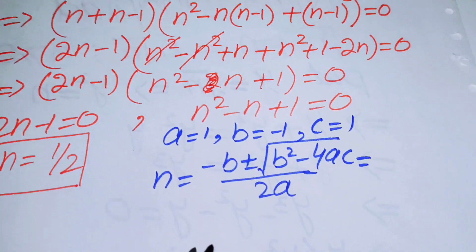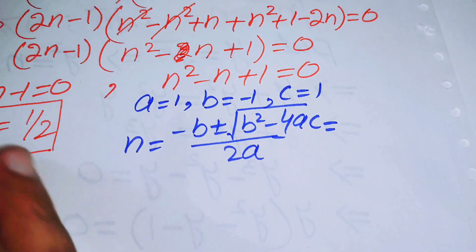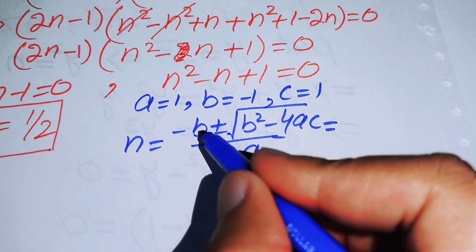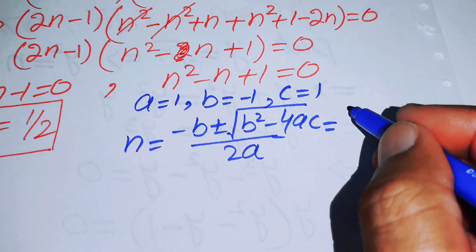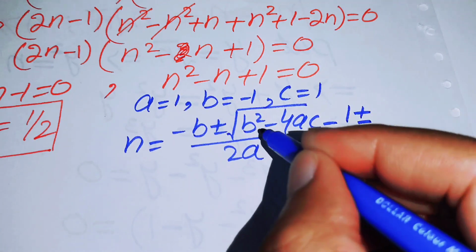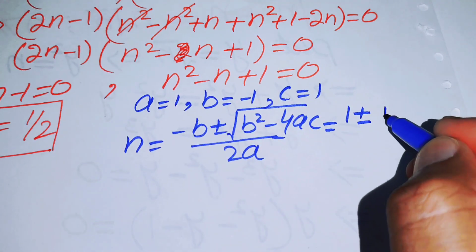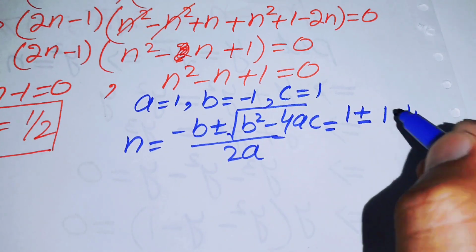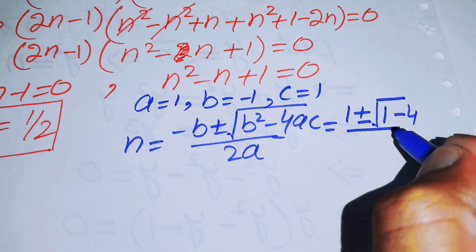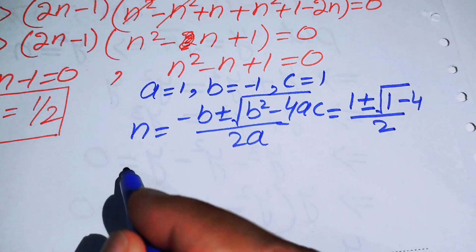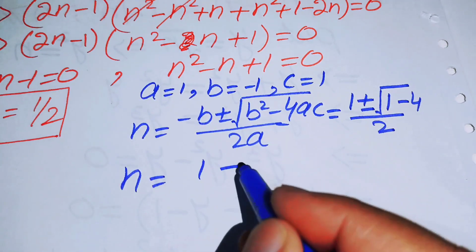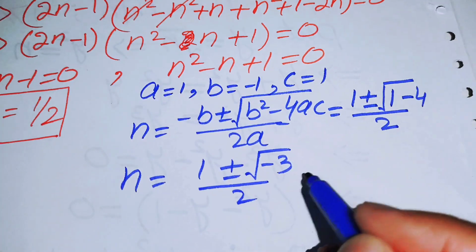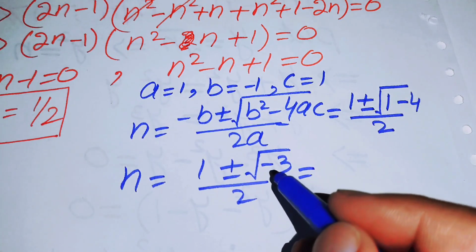And now we put the values of a, b and c in this formula and you will get here the value of b is minus 1, so minus b is plus 1, and plus or minus the square root of minus 1 squared, which is plus 1, minus 4 times a times c, where c is 1, over 2. So here you have 1 plus or minus the square root of minus 3, over 2.